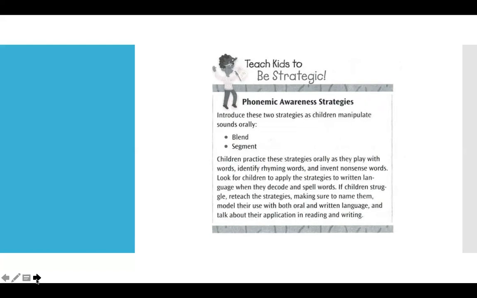Teachers choose instructional materials and plan activities that focus children's attention on the sound structure of oral language. And phonemic awareness instruction activities should be integrated with other components of a balanced literacy program. It's crucial that children perceive and understand the connection between oral and written language.